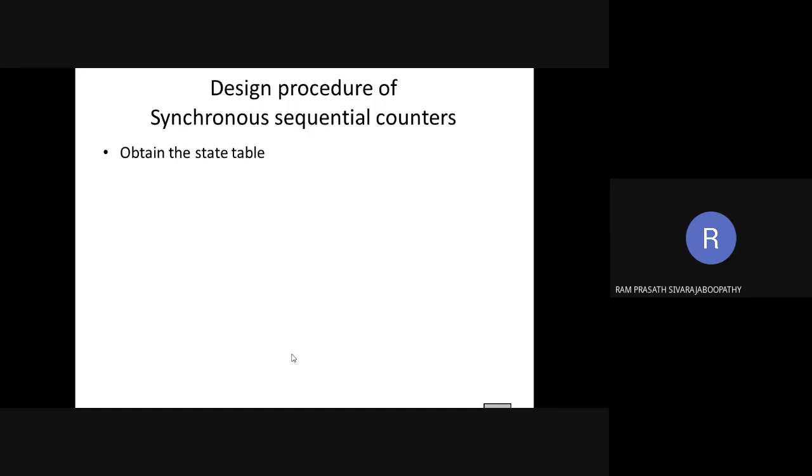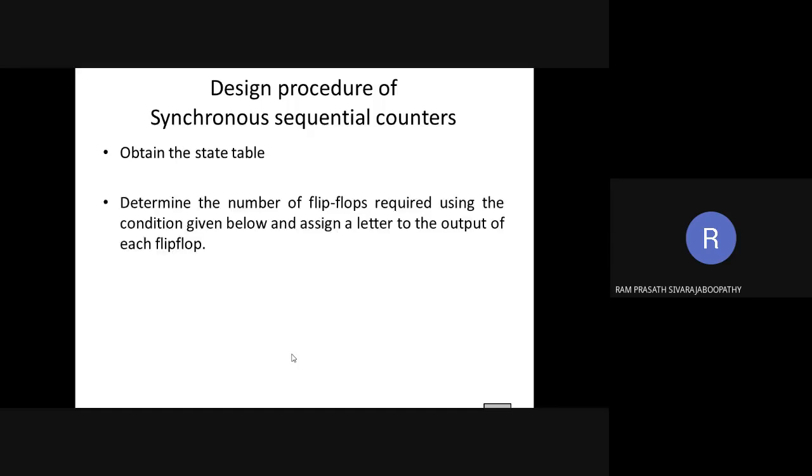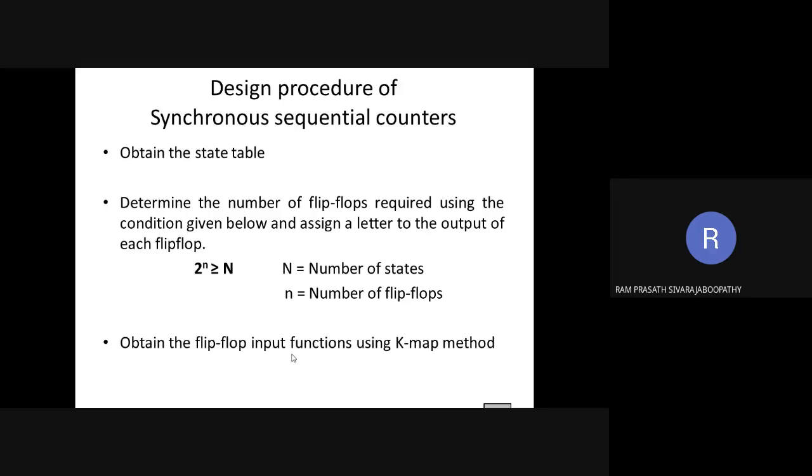Next, excitation input table வரையணும். Before that, how many number of flip-flops are required, you have to assign naming. Then excitation input கண்டுபிடிக்கணும். Then we have to solve and obtain the flip-flop input function. Finally we have to implement the circuit. That's all.